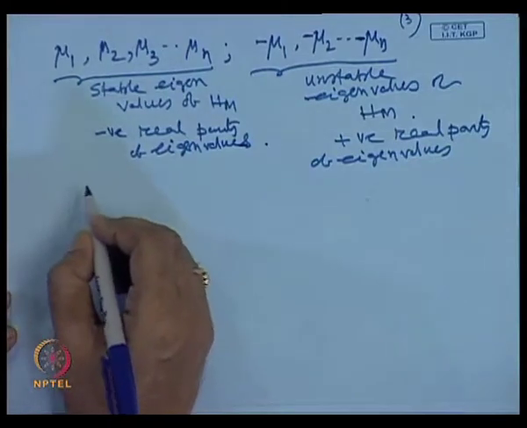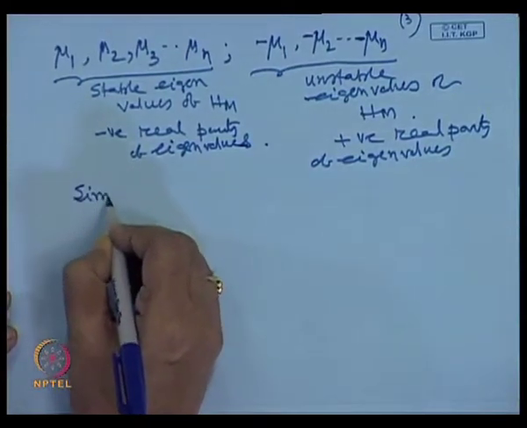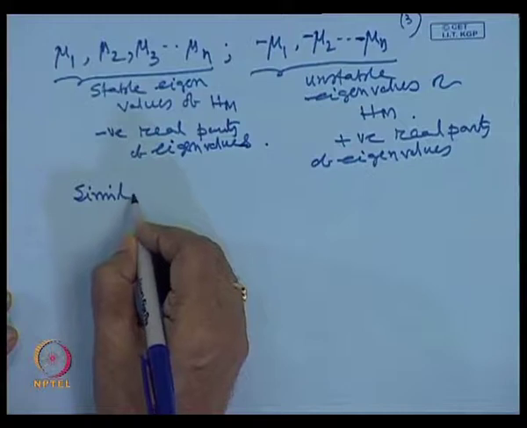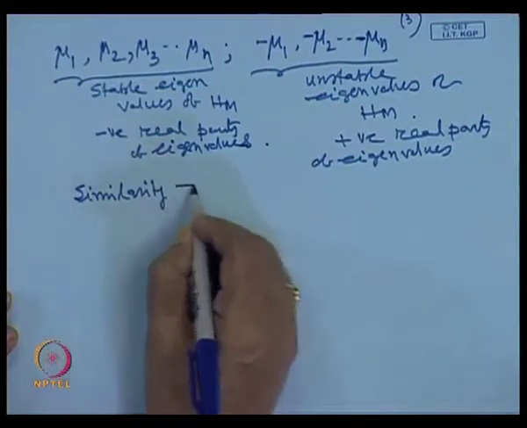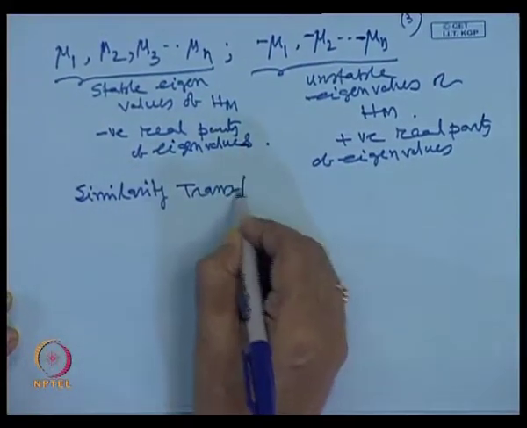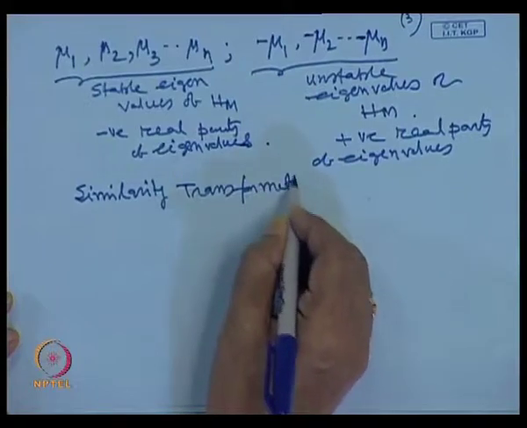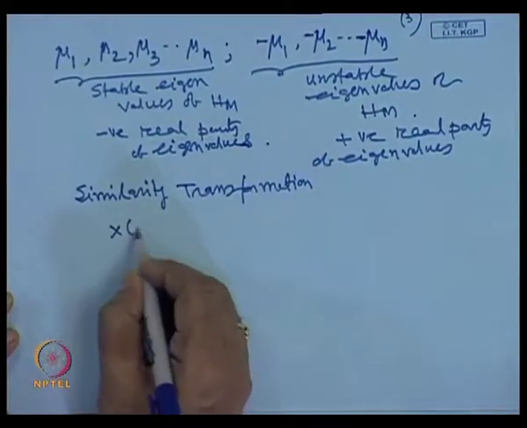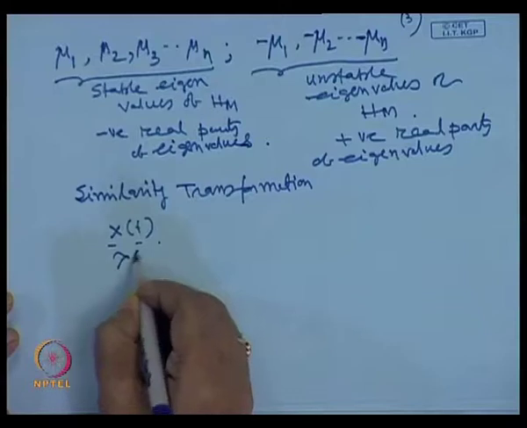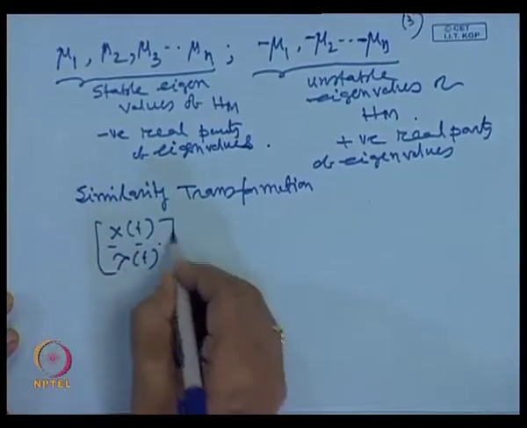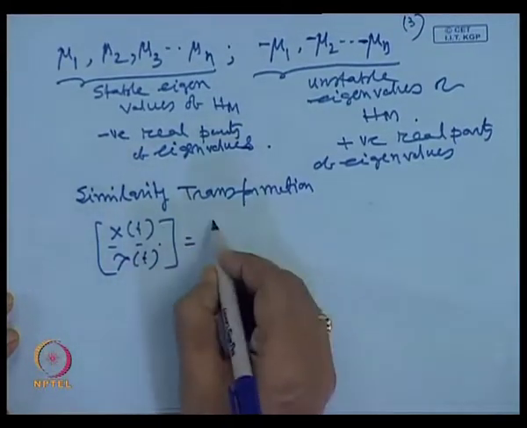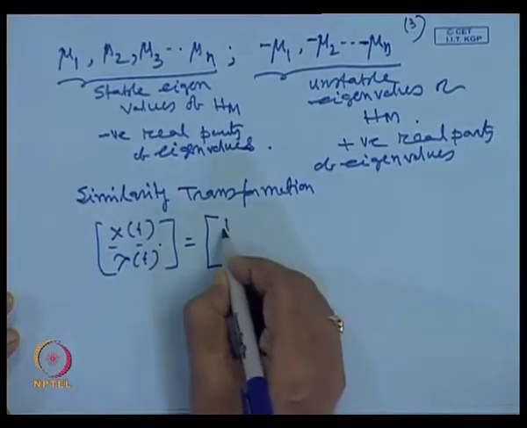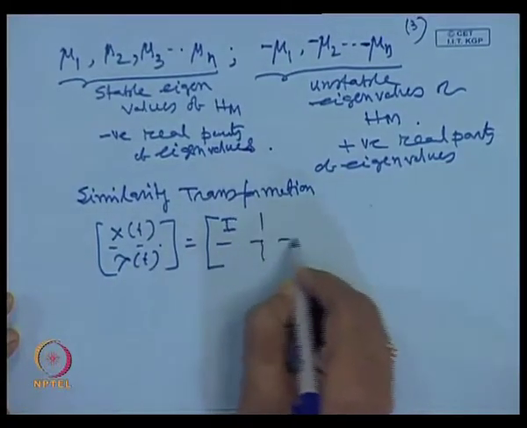So, do the similarity transformation. Let us call x of t and lambda of t, the co-state vector, the augmented vector, and we have used the transformation like this.